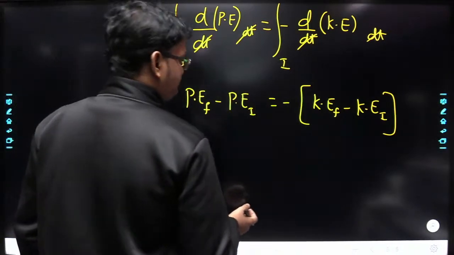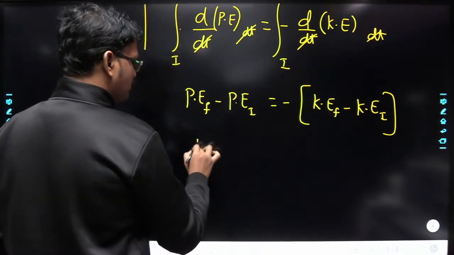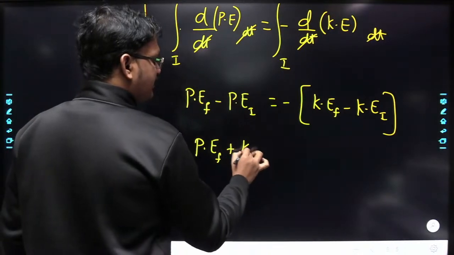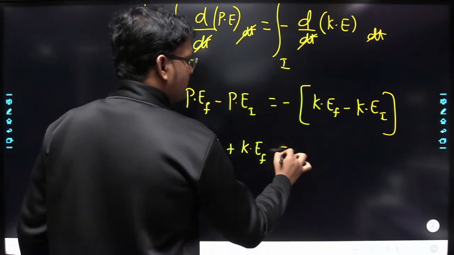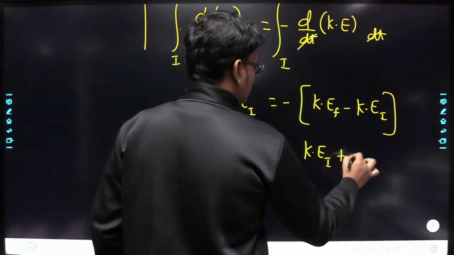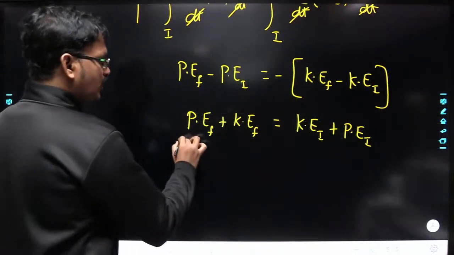Now if you rearrange these terms, how can you write? Potential energy final plus kinetic energy final must be equal to kinetic energy initial plus potential energy initial. So this is the total energy, yes or no?